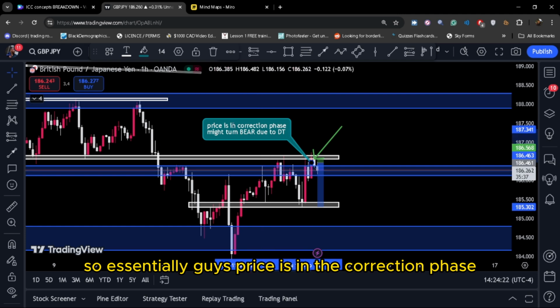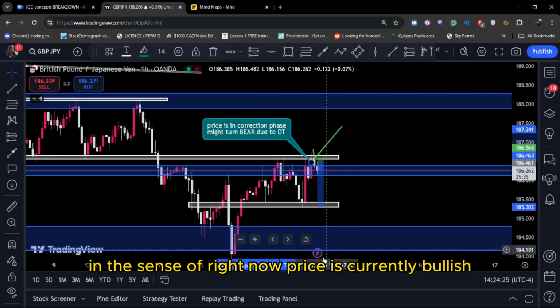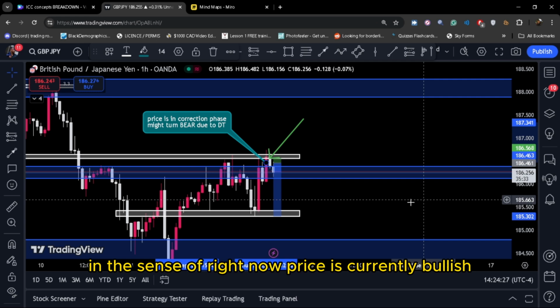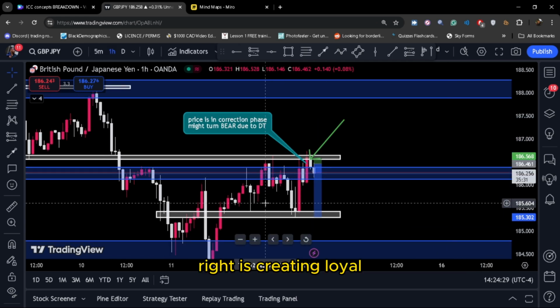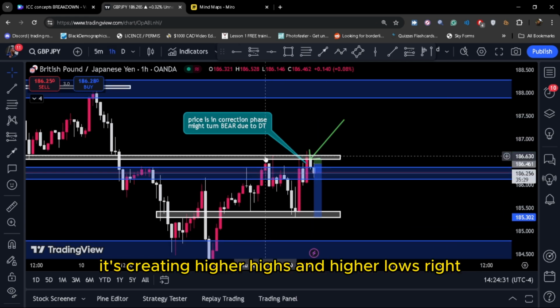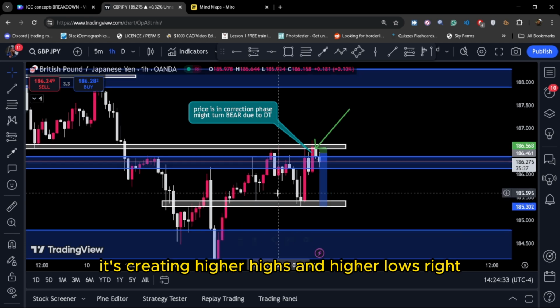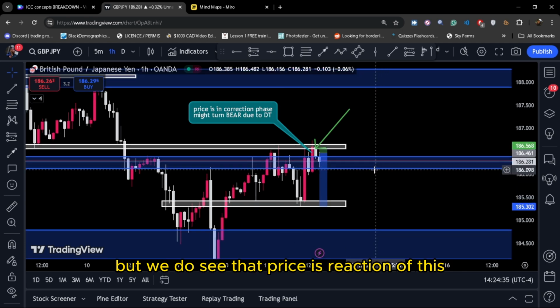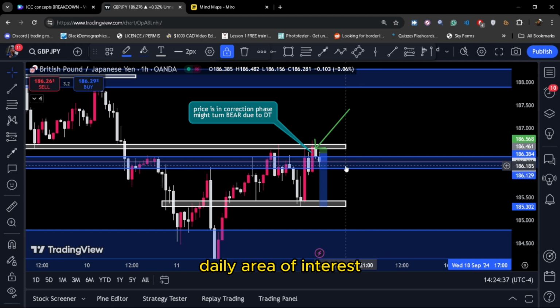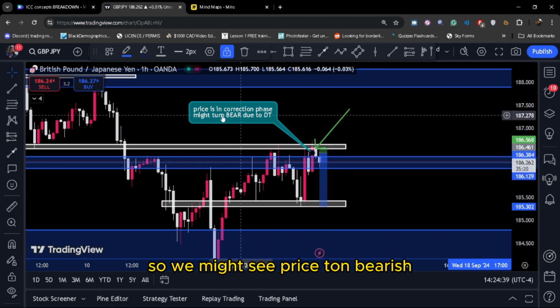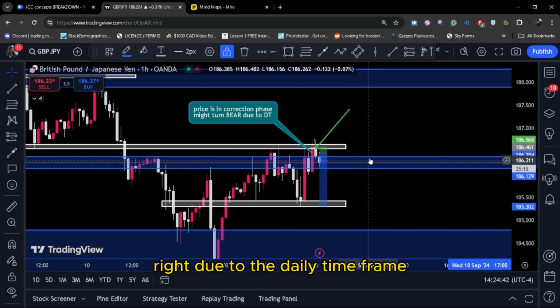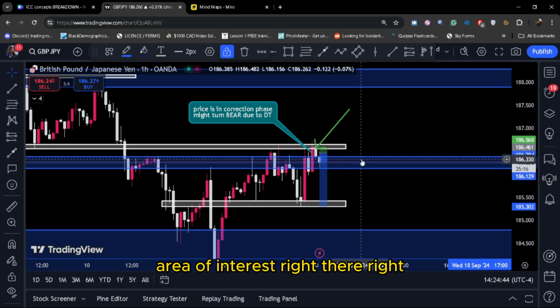So essentially guys, price is in the correction phase, right? In the sense of right now, price is currently bullish, right? It's creating higher highs and higher lows, right? But we do see that price is reacting off this daily area of interest, so we might see price turn bearish, right, due to the daily time frame area of interest right there, right?